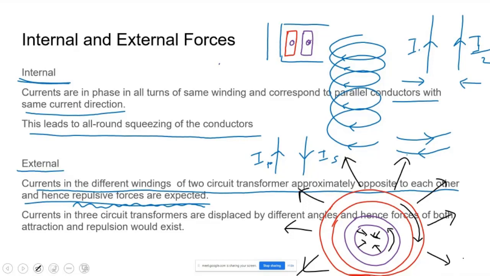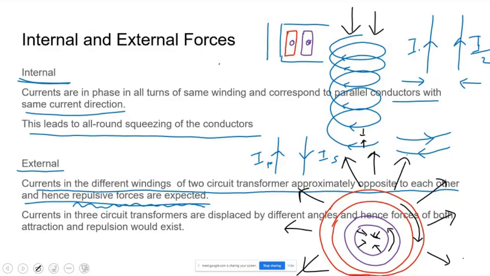And what kind of forces will the internal forces within the same winding result in? Will they be radial in the same winding? No, sir, here it will be axial. It will be axial forces in this direction and this, because they are attracting, right? If you consider these two turns, they will attract each other.